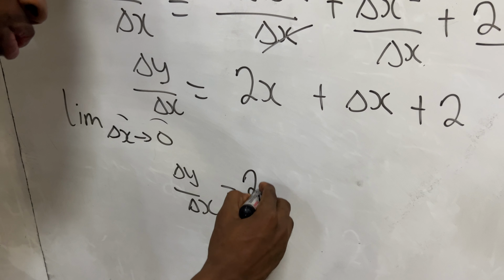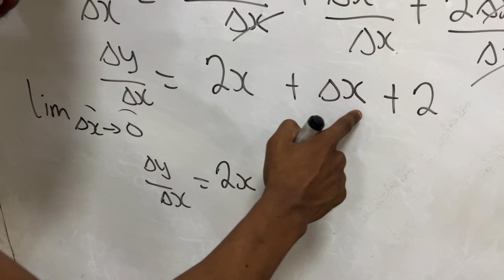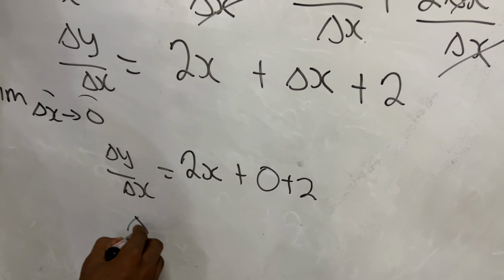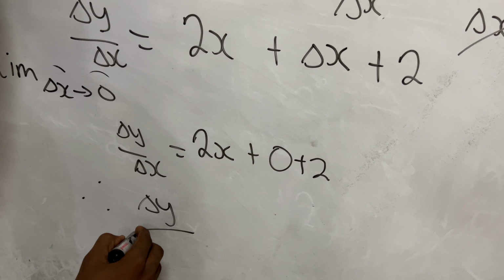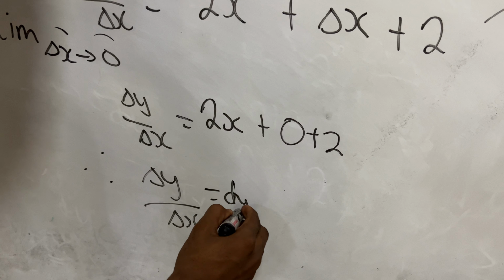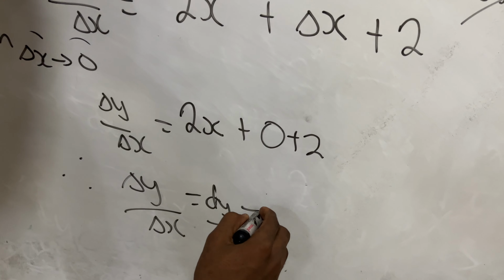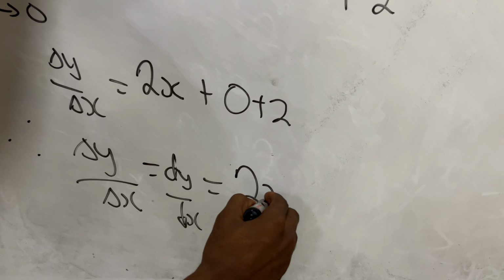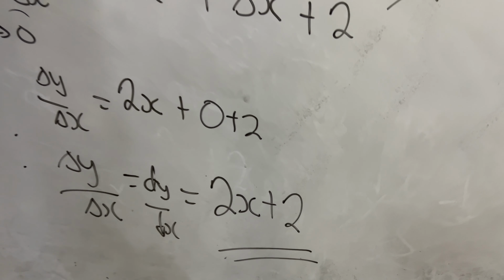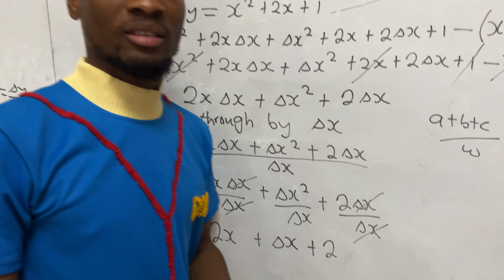So I have 2x plus my change in x here is 0, then plus 2. So therefore my dy over my dx is equal to 2x plus 2. As simple as that.